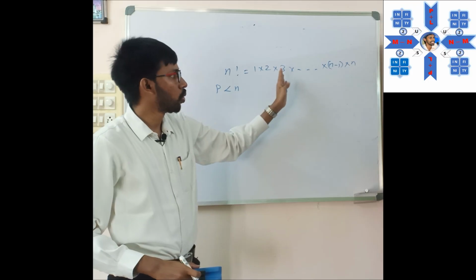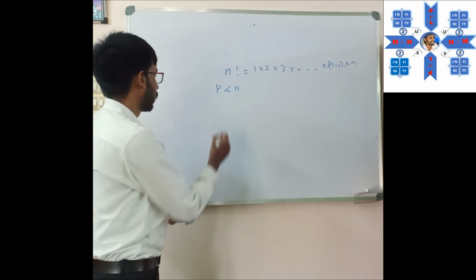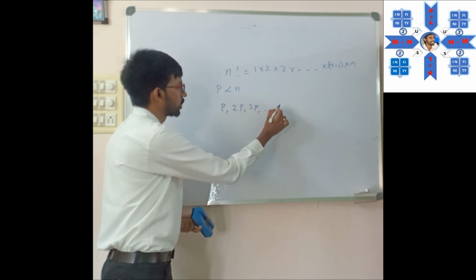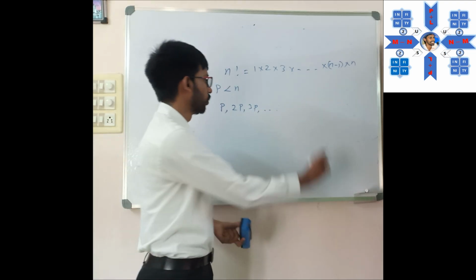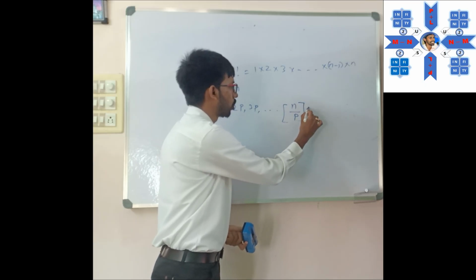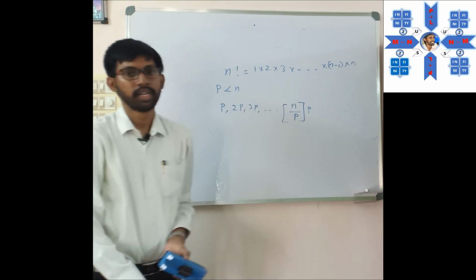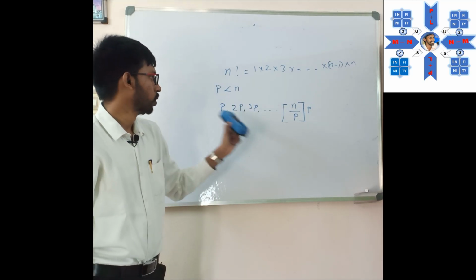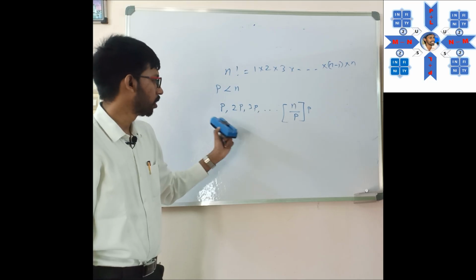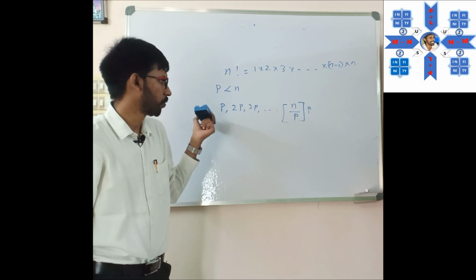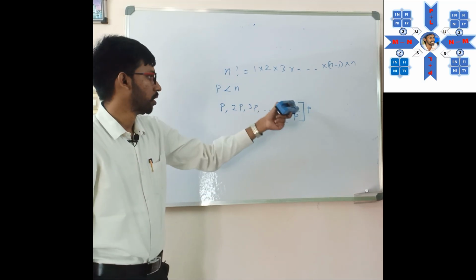We have to identify the total number of multiples. So I can just say p, 2p, 3p, etc. The last should be the greatest integer function of n by p times p. I hope you can understand this with our earlier example. So this is the total number of prime factors of p in n factorial.